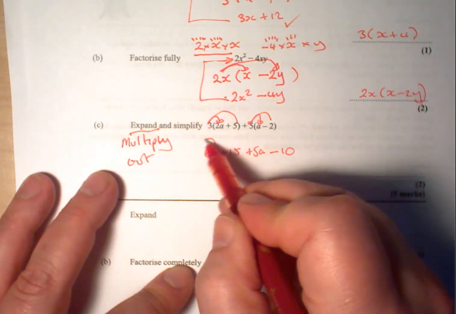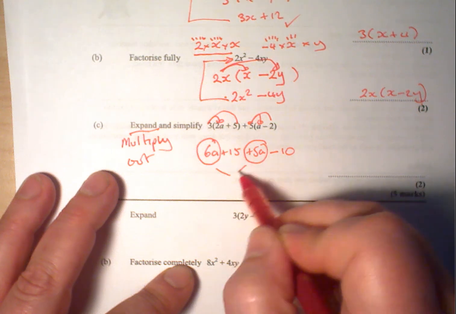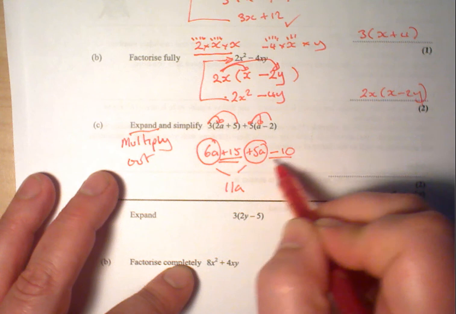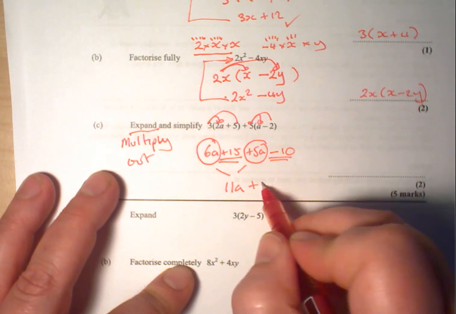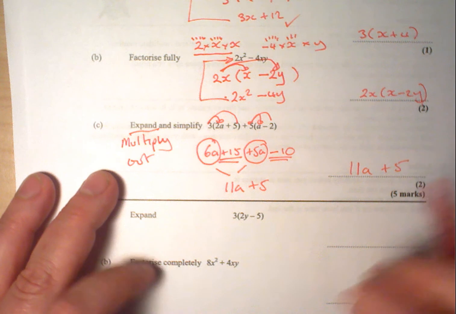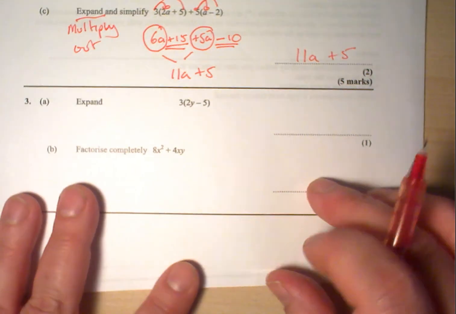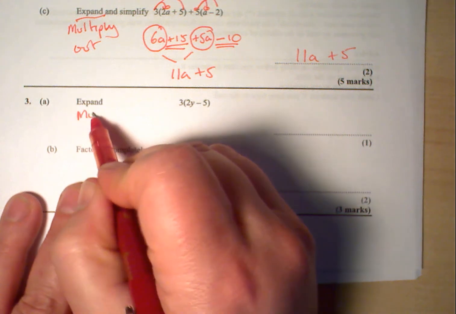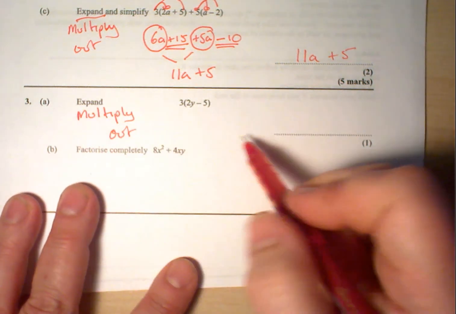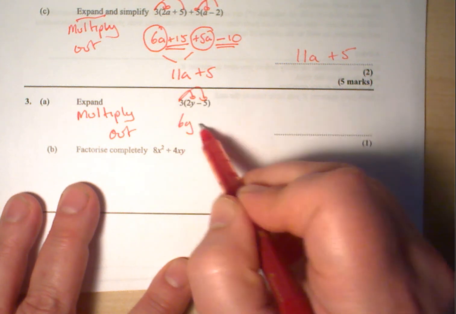I'm going to put a ring around the a terms, and here you can see that I'm going to get 11a. Plus 15 and minus 10, if you put it in your calculator, you'll end up with plus 5. So my final answer is 11a plus 5.